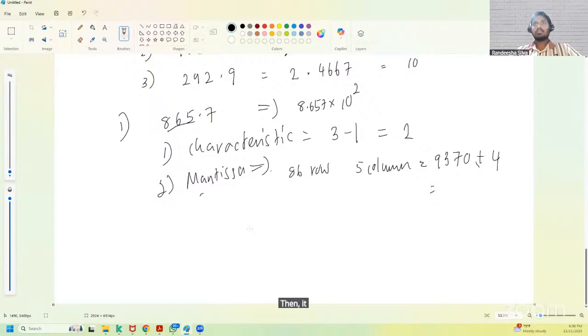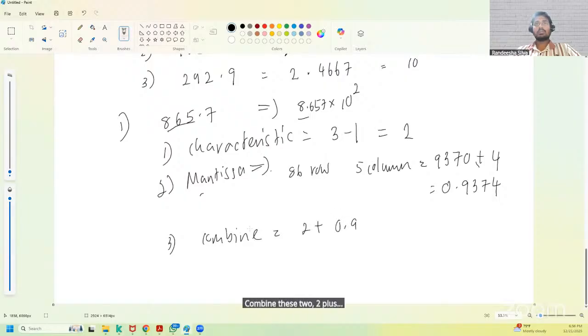Then it will be 0.9374. Then the final part is to combine these two: 2 plus 0.9374 will be 2.9374. Easy, easy, easy. Okay?